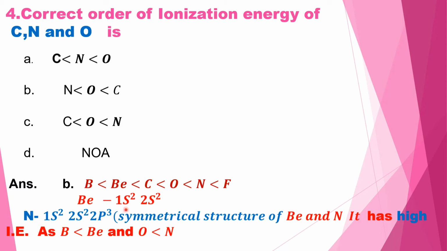Therefore we would expect the ionization energy of oxygen to be greater than nitrogen, but due to the symmetrical electronic configuration of nitrogen, it has higher ionization energy than oxygen.